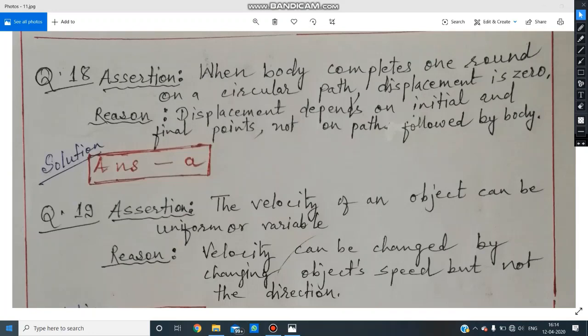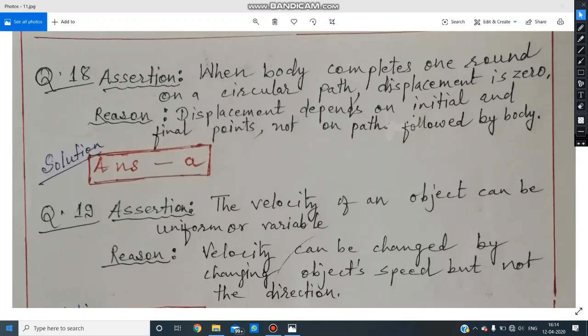So displacement is actually not depending on path followed. So even the reason statement is a correct statement. So we agree with option number A, which says that assertion and reason both are correct statements and reason is the correct explanation of assertion. Let's move on to the next sample question.